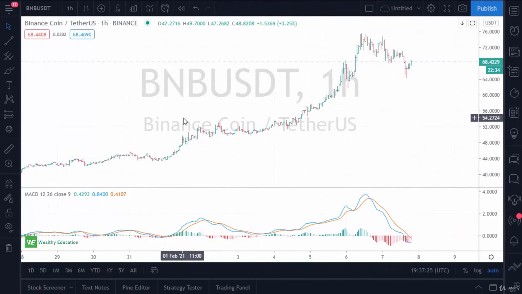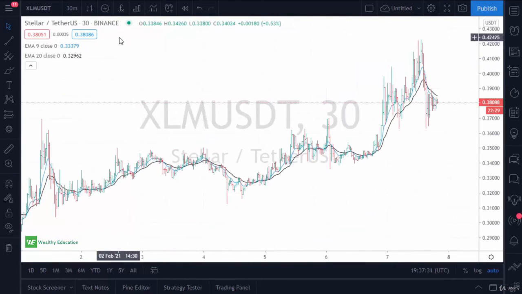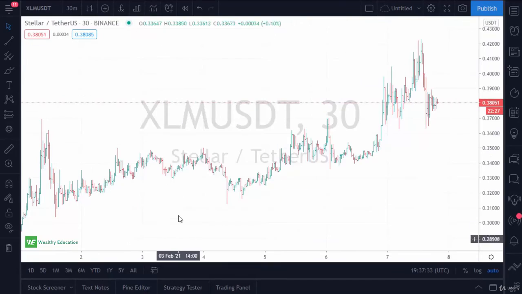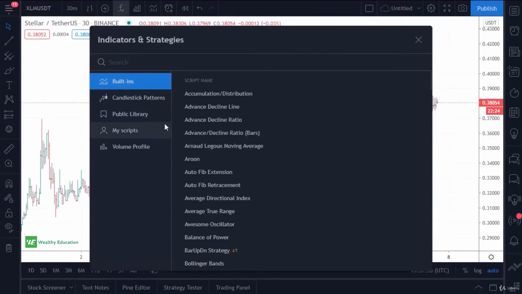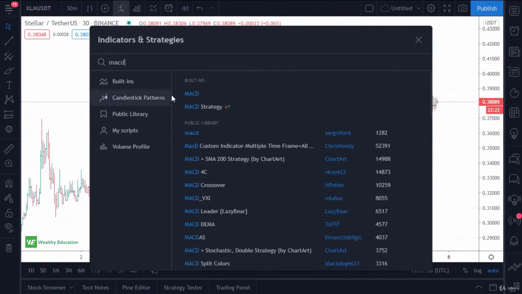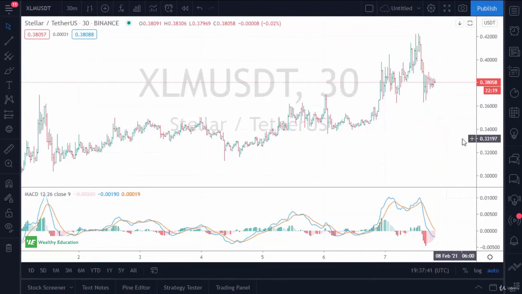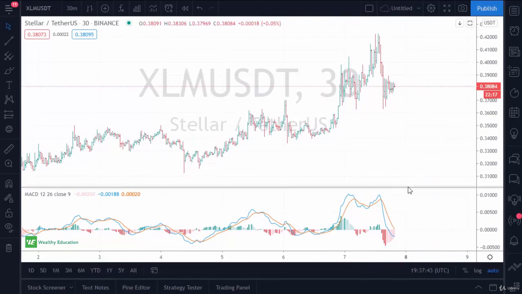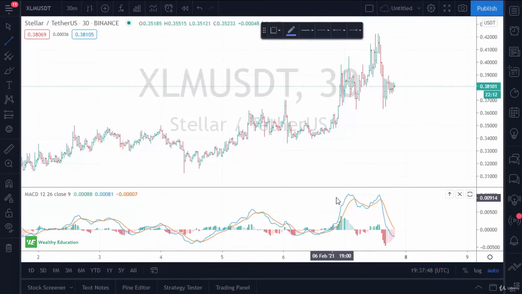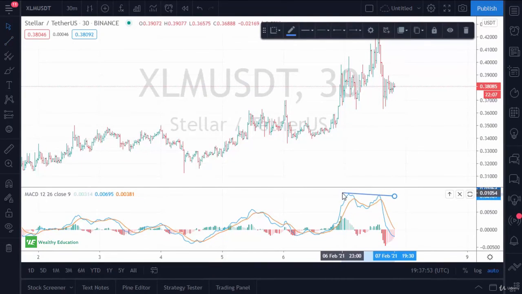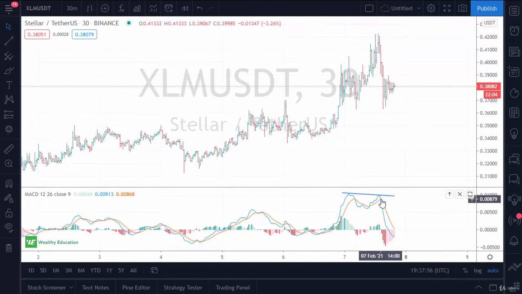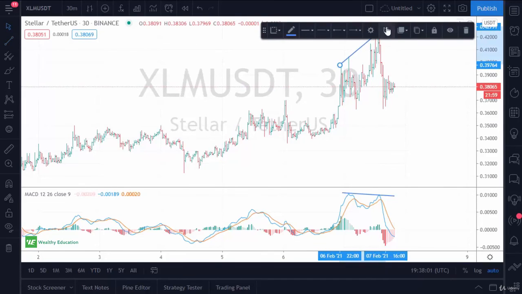And then finally, I'll go into Stellar Lumens here, and I'll remove these indicators. And I'll do the MACD over here. So it's a little early to tell at this point, but it does look like we made a lower high here on the moving averages, while we made a higher high here.